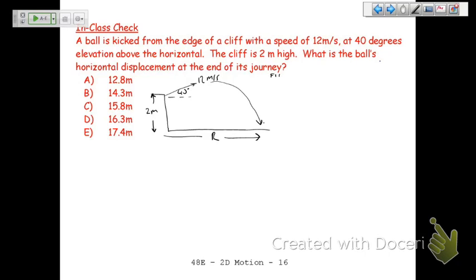Find R using horizontal info. So I'm going to say VI is equal to 12 cosine 40, and I'm going to make that into a number immediately. So that's going to be 9.19.